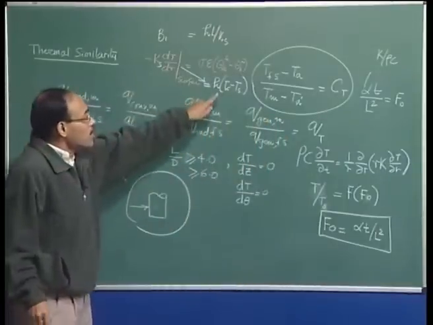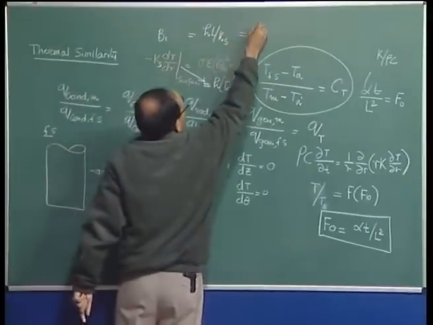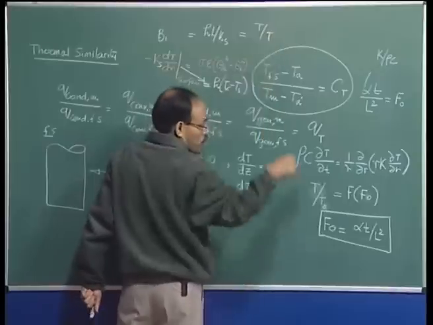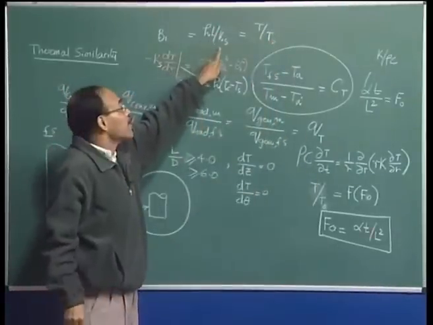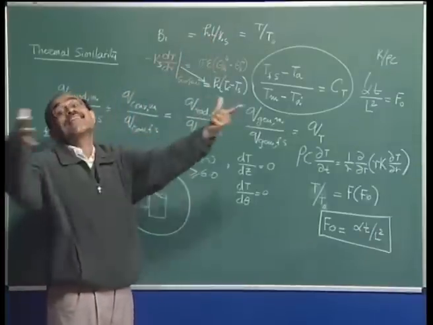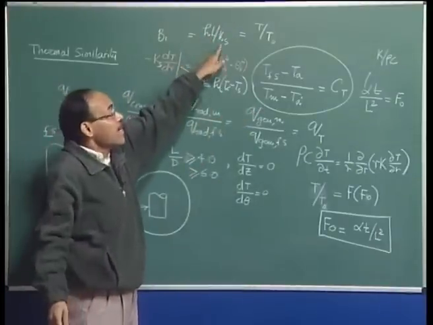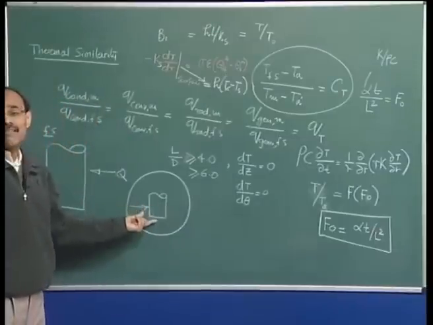So, this will tell us that the dimensionless temperature, T over some value T naught, is going to be a function of HL by Ks, which involves the heat transfer coefficient. The characteristic length, what is it in this case? Maybe the radius or the diameter, and Ks represents the thermal conductivity of the solid under consideration.